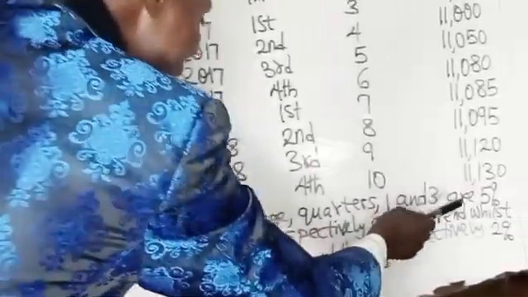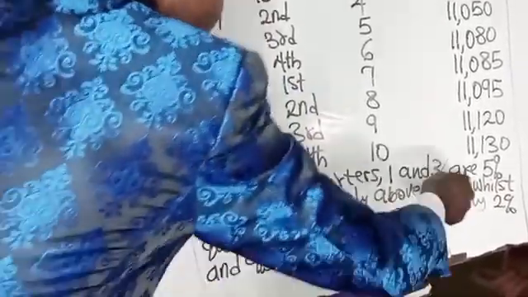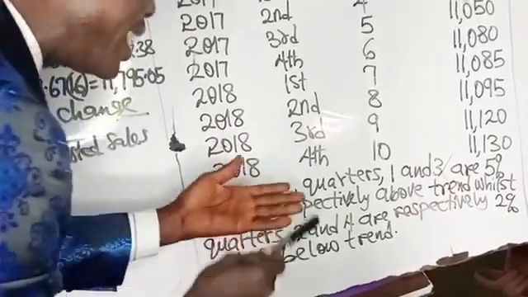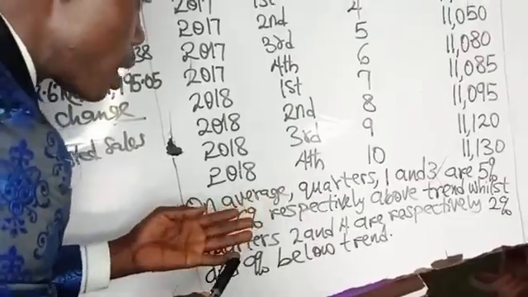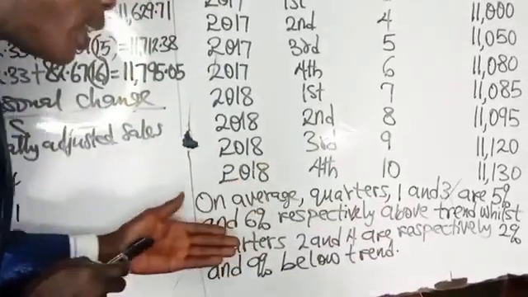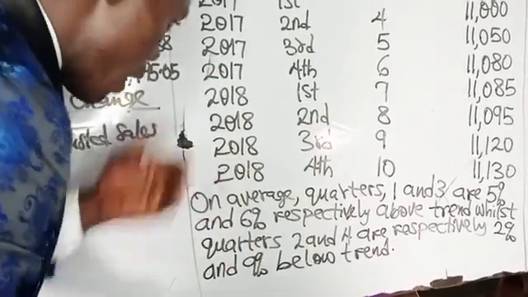You were told on average, quarter 1 and 3 are 5% and 6% respectively above trend. Now, anytime percentage is involved, percentage means per 100. If it increases, you add the percentage increase to 100. If it decreases, you subtract the percentage decrease from 100.